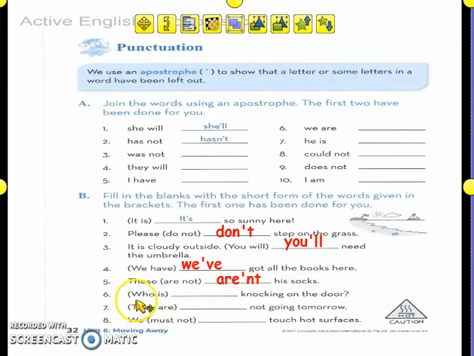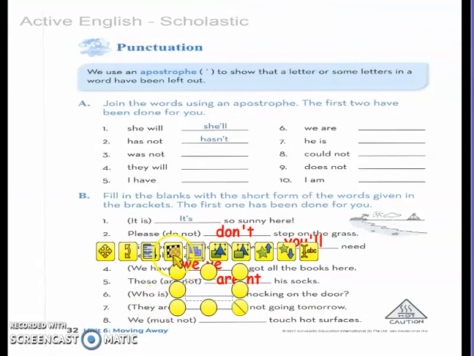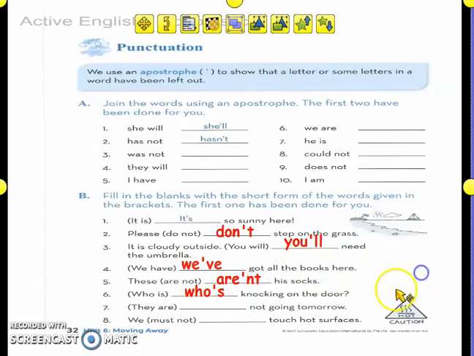Number 6. Who is knocking on the door? The short form of who is, who's. So the long form who is, the short form who's. And here we have the apostrophe. Number 7.